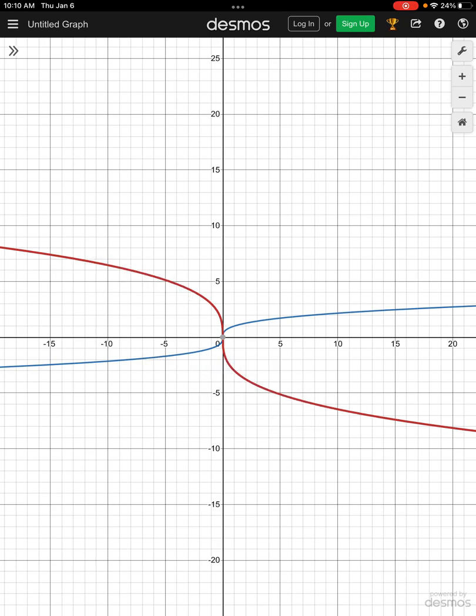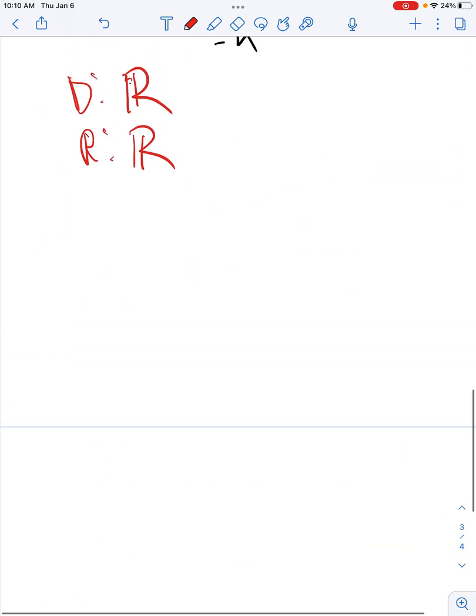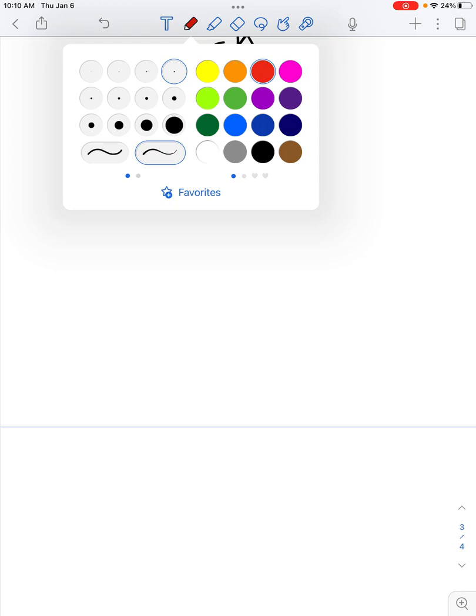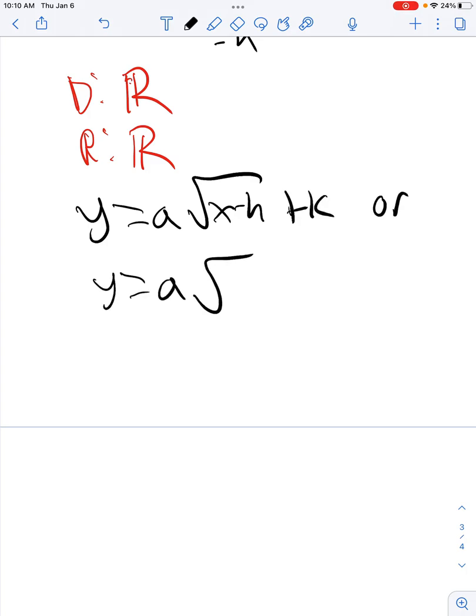All right, keep going. So graphs of radical functions that we may transform. Again, step 1 is to sketch the graph of this form, y equals a square root of x minus h plus k, or depending on if it's a cubed root function, y equals a cubed root of x minus h.